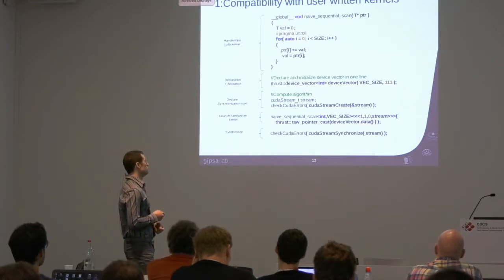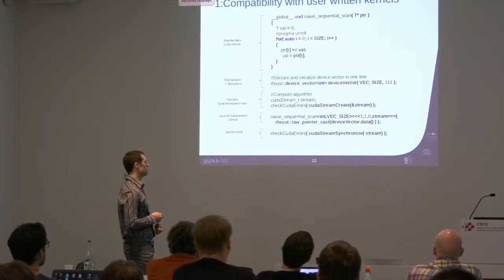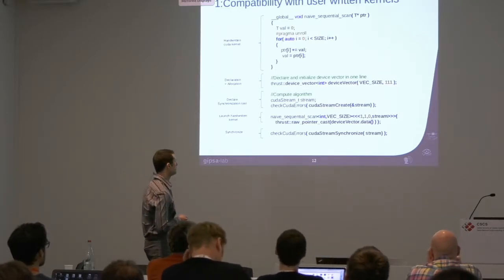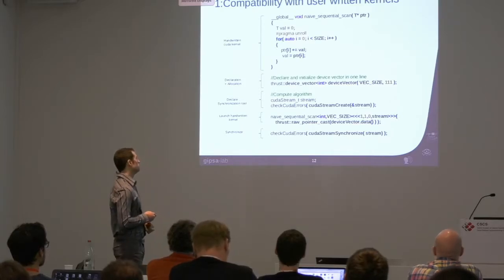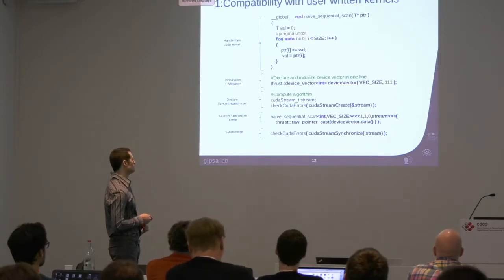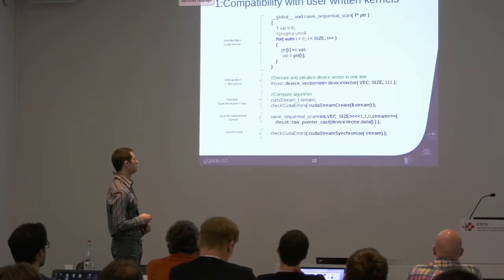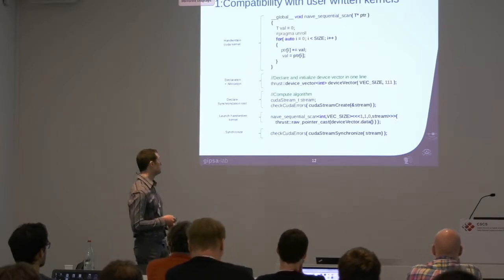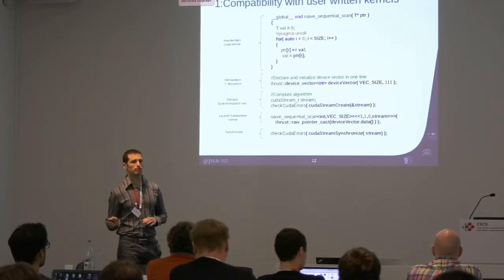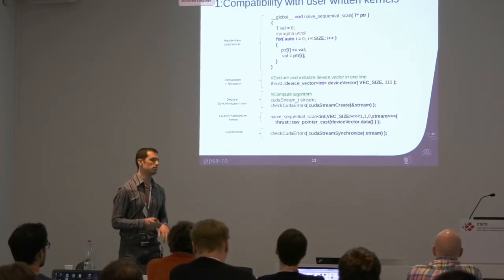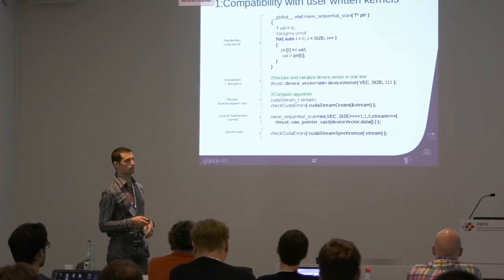You launch asynchronously using streams your naive sequential scan, which is your unwritten kernel, and you pass it the raw pointer that can be obtained using raw_pointer_cast. Okay, so whether you had already written CUDA code before, you can use Thrust in multiple ways.